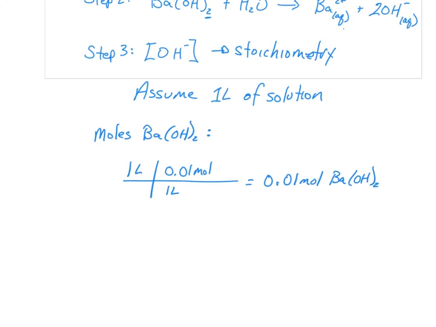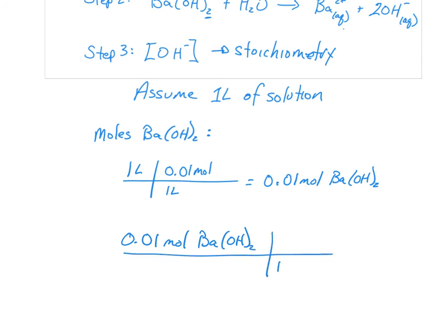And so now I can use stoichiometry and convert from my moles of barium hydroxide, where 1 mole of barium hydroxide reacts to form 2 moles of hydroxide. And so at the end, I have 0.02 moles of OH minus.